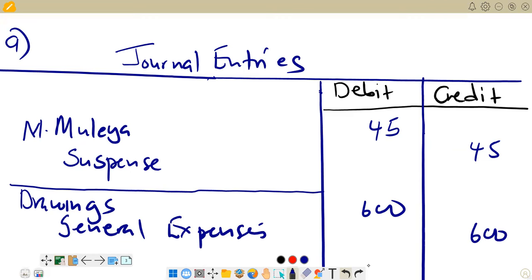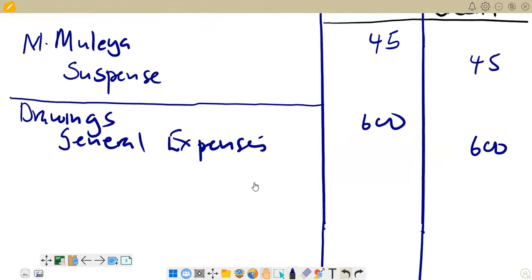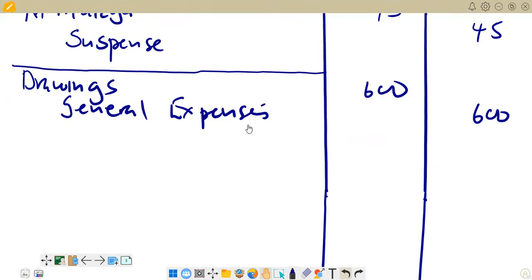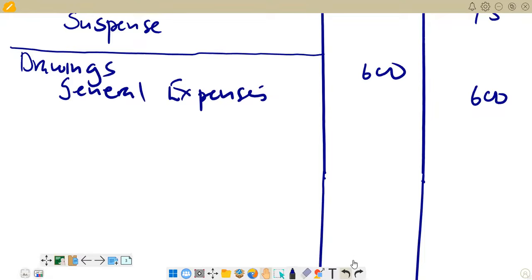So that's what we have in terms of that error. Then obviously we are closing off after finishing the journal entry. We are supposed to close, so we can close that journal entry. Right. Then we move on to the next error that we have in the question.